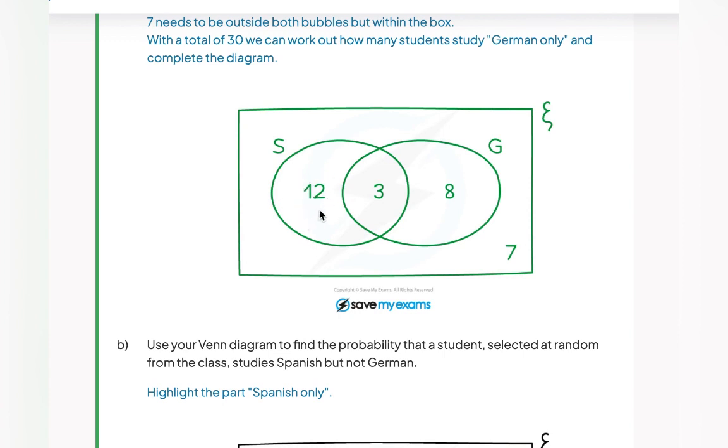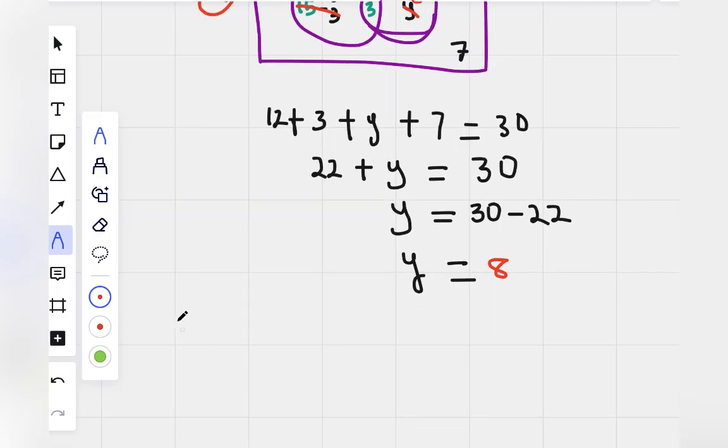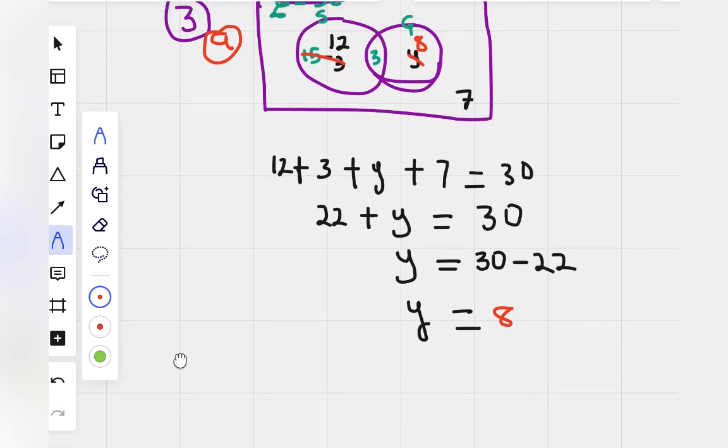So the probability of students who study Spanish but not German, part B. If I say not German, I can say German prime.